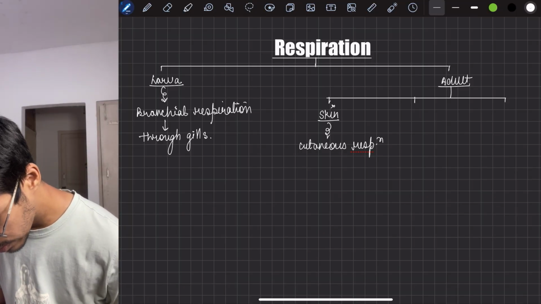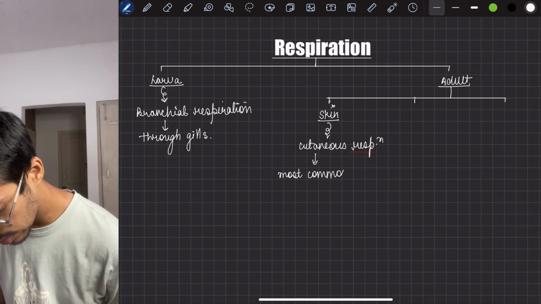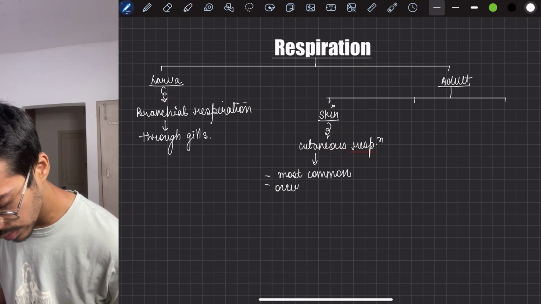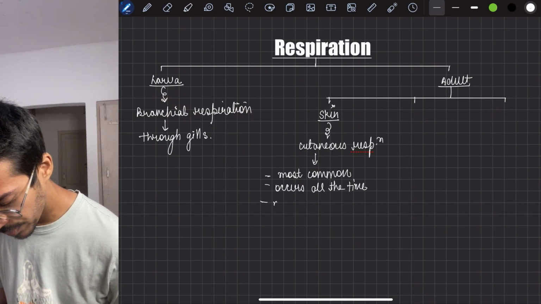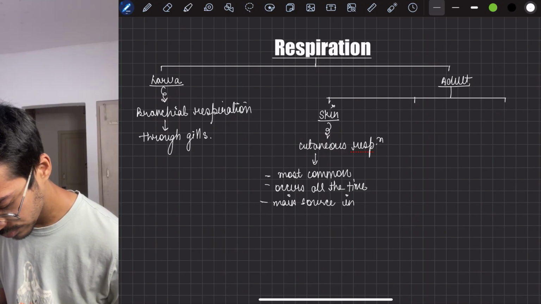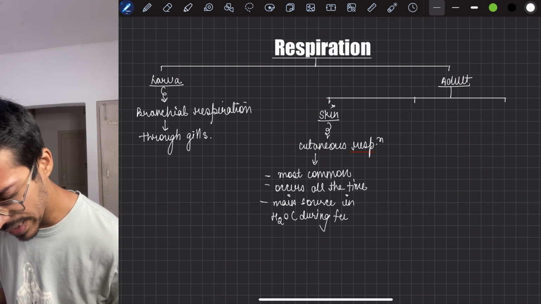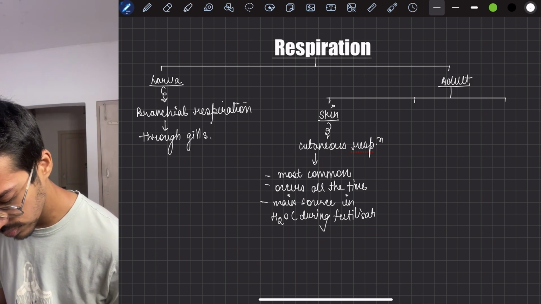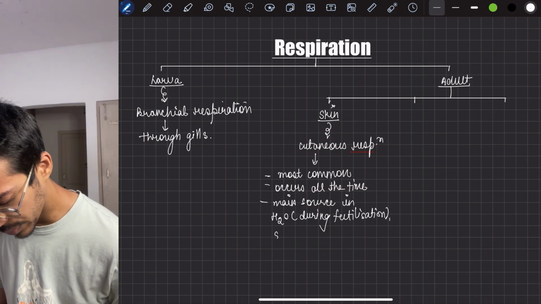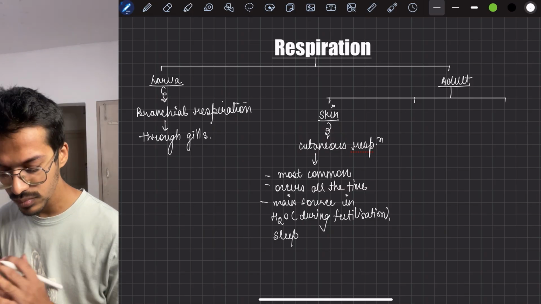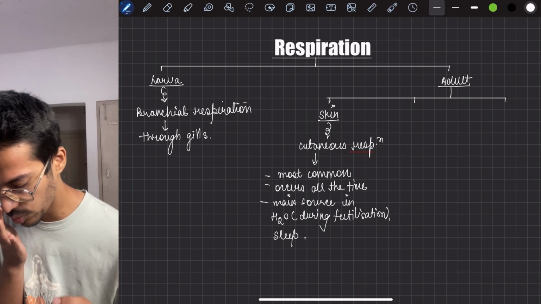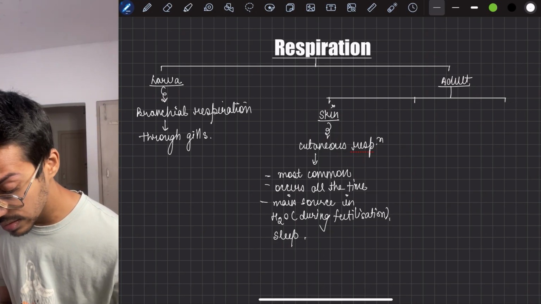It is the main source in water during the fertilization or mating process, and during winter sleep or summer sleep. That is with respect to the skin.